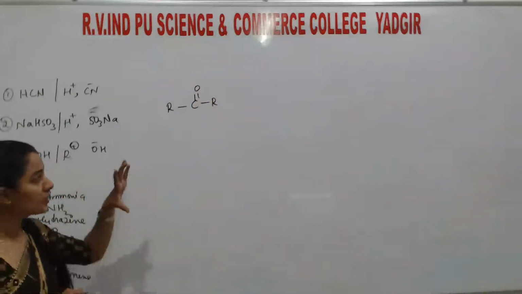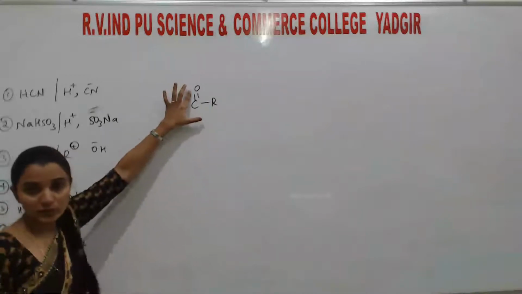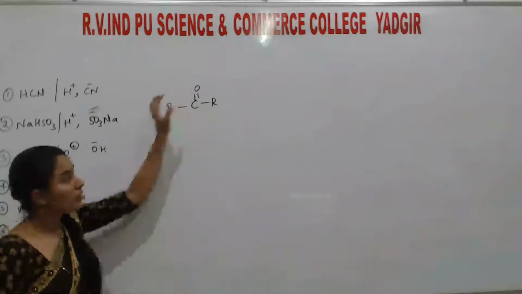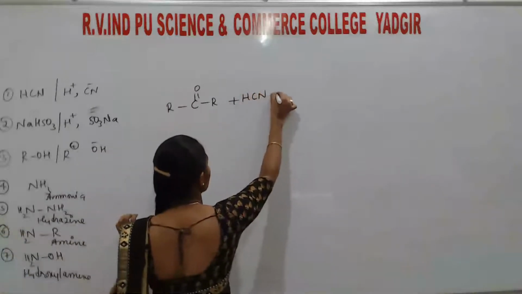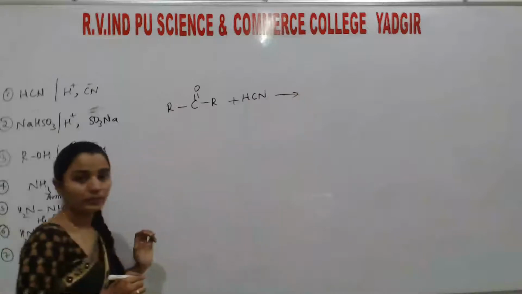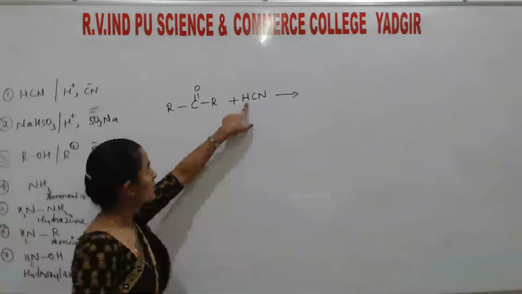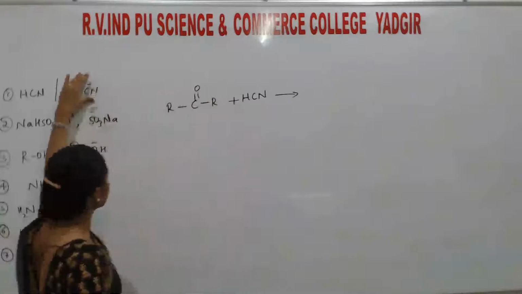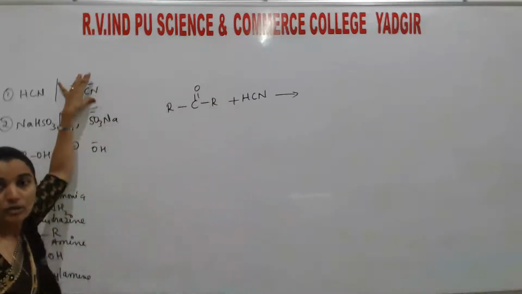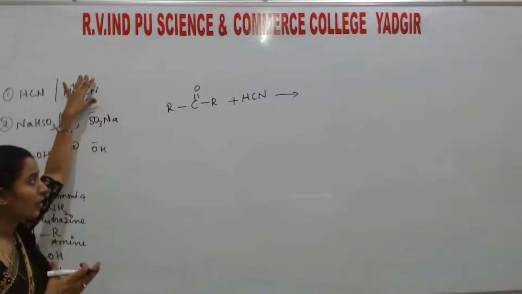So students, in the reaction, what happens? This one will get the plus charge, this one will get the minus charge. If you take HCN as the reagent, H is in plus state, CN is in minus state. So this is the nucleophile. The nucleophile is going to attack which atom, carbon or oxygen?